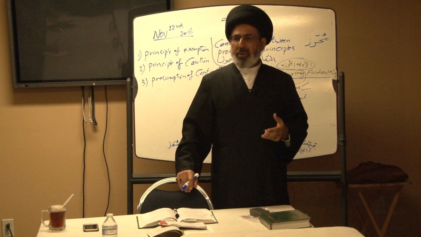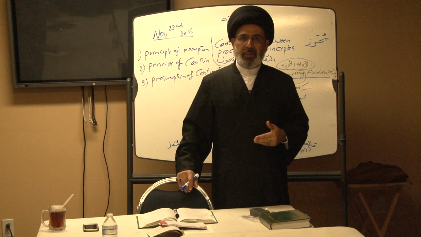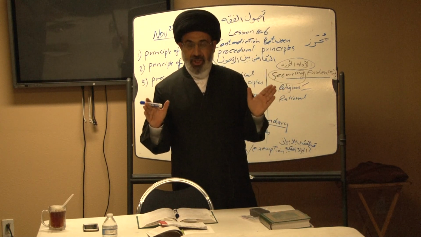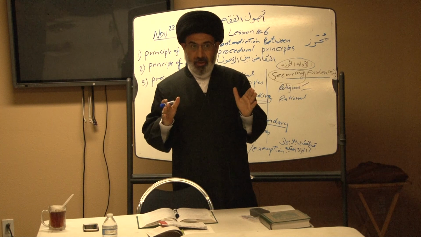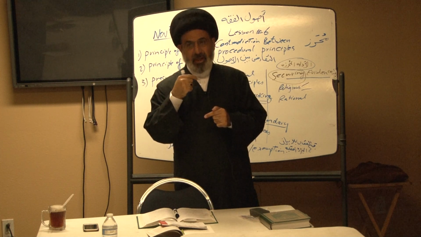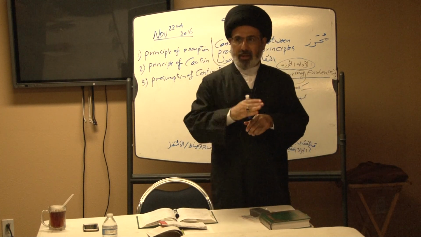The religious ones are the Quran and the Sunnah. And the religious one is divided into two also. What are these two branches of the religious one, Shar'i? One is the text and the other is called fi'l and taqrir. Exactly. Verbal and non-verbal.